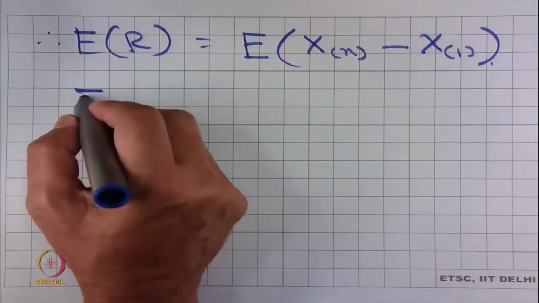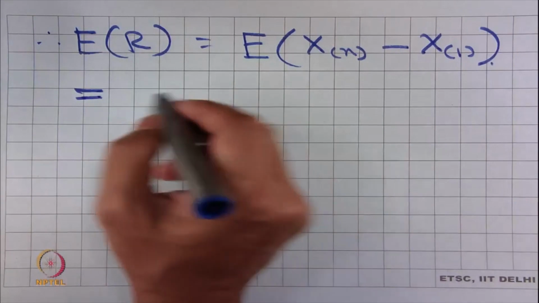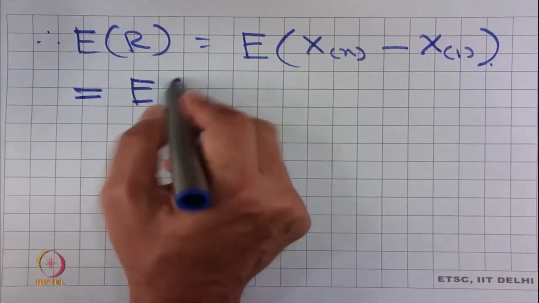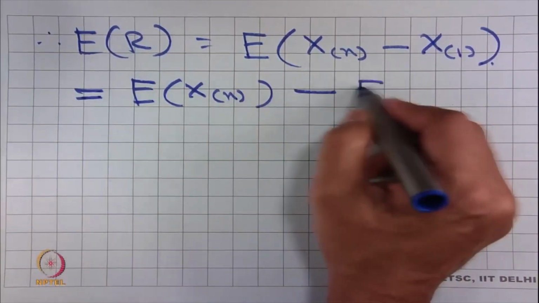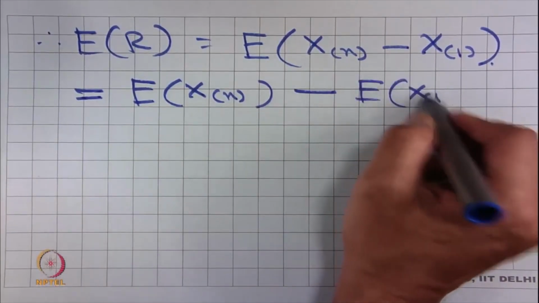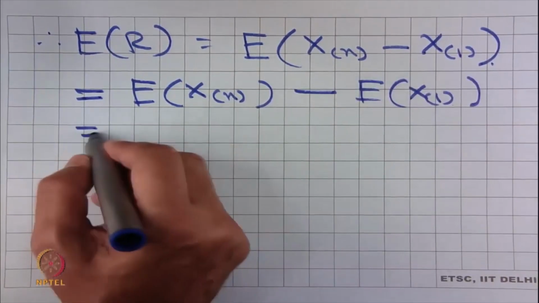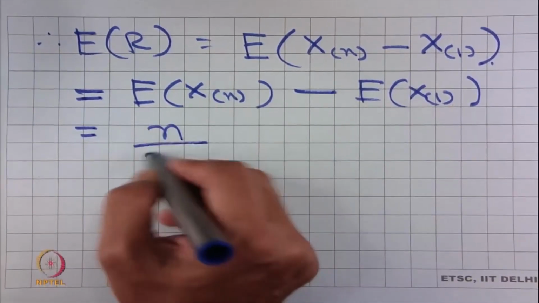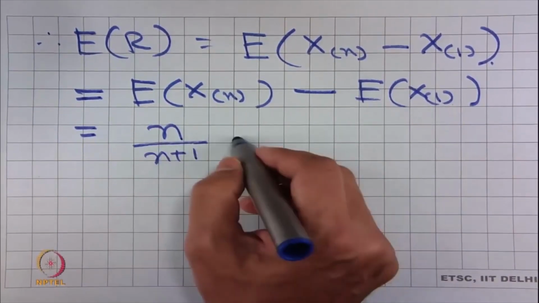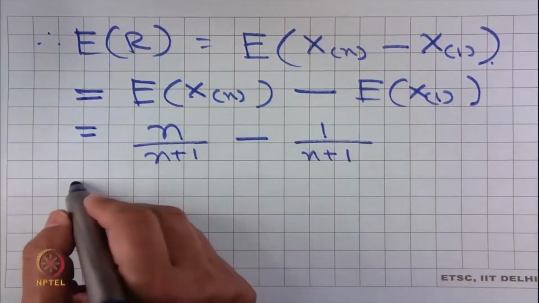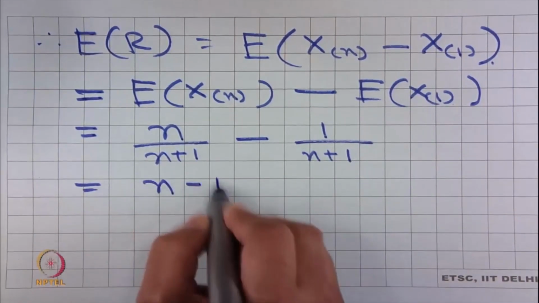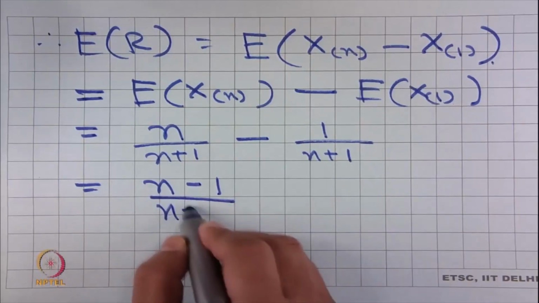By linearity of expectation, we can say it is the expected value of xn minus the expected value of x1, which is equal to n upon n plus 1 minus 1 upon n plus 1, which is equal to n minus 1 upon n plus 1.